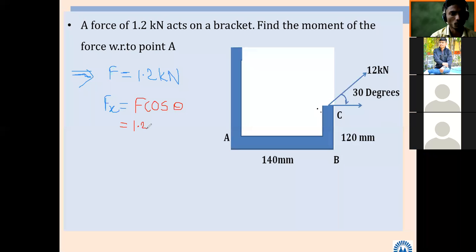So 1.2 into cos 30. Calculate how much it is. 1.2 into cos 30, how much is it? So 1.03.